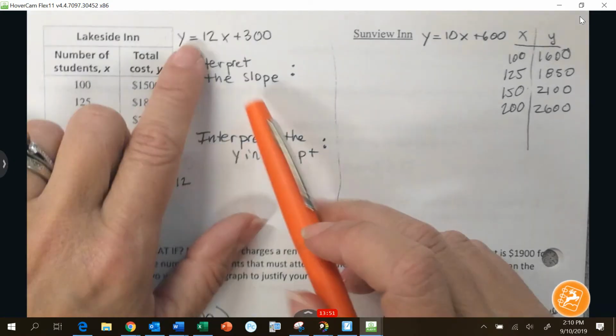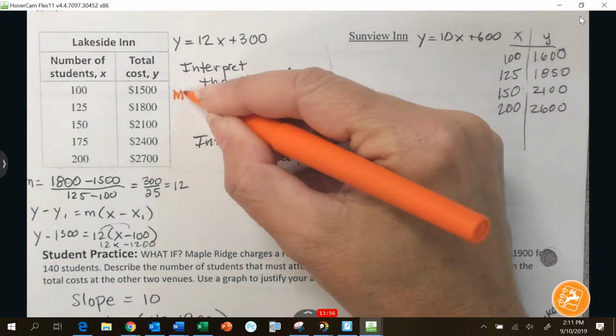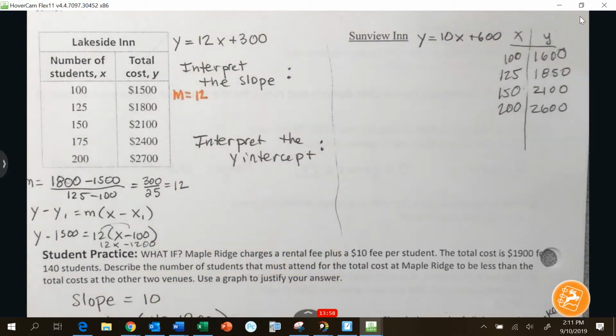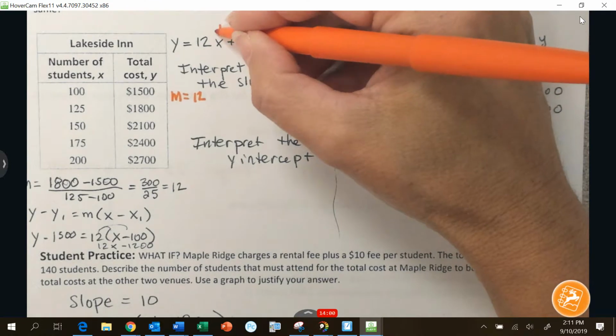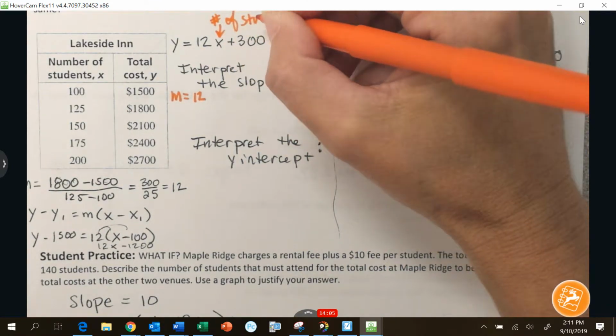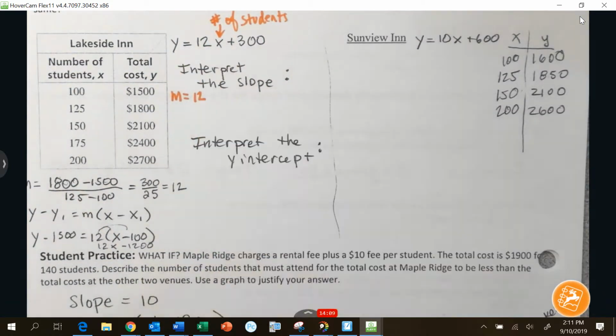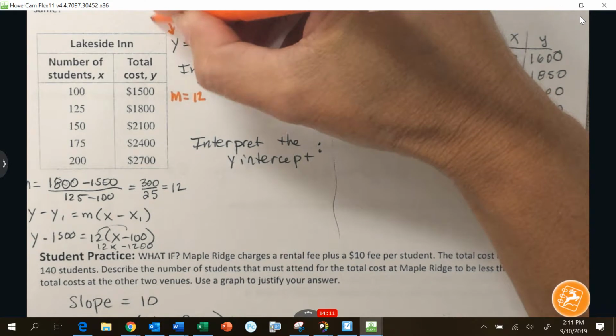So if we look at y equals 12x plus 300, our slope is 12. What does that mean? What's x talk about? X is the number of students. So 12 times the number of students plus 300 is y, the total cost.